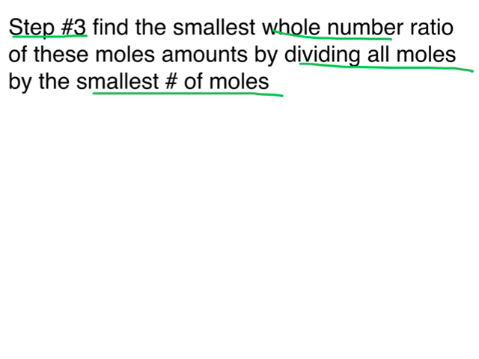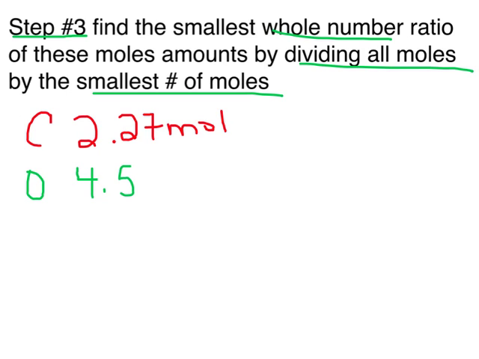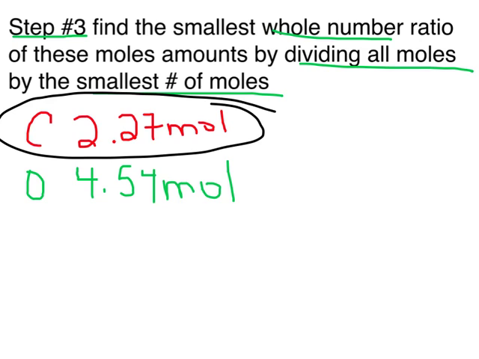So carbon had 2.27 moles and oxygen had 4.54 moles, right? Okay, who's smaller? Obviously, the carbon is smaller. So I'm going to divide each moles by the smallest moles.